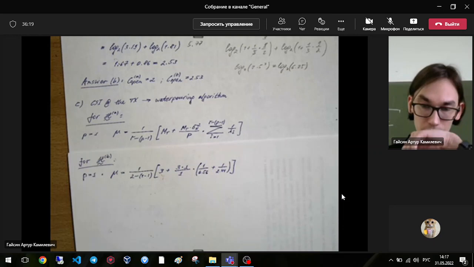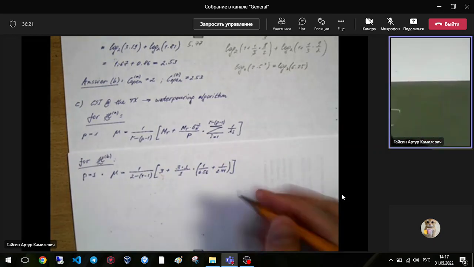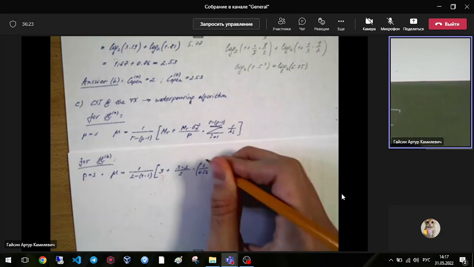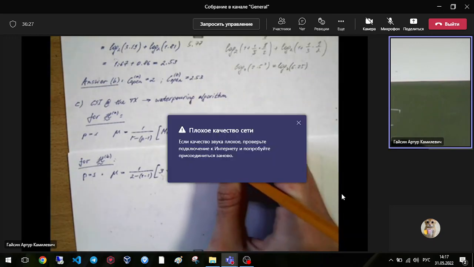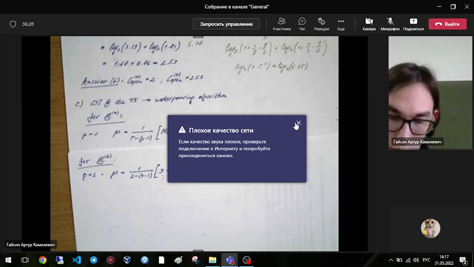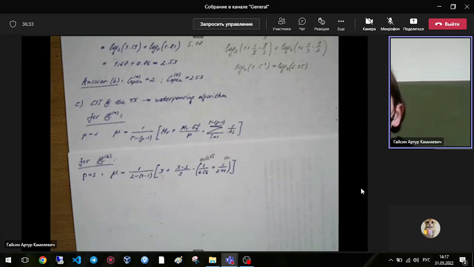It is something like 0.15. So it is 0.15. And if we calculate 1 divided by 2.44, it is 0.41.